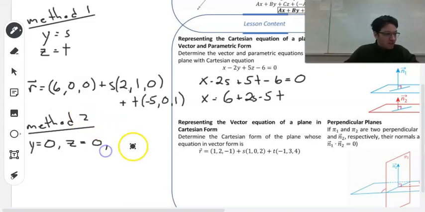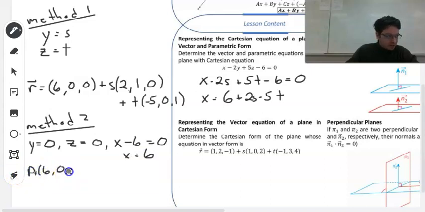So to do that, we substitute y is 0 and z is 0 back into this equation. So we get x minus 0 plus 0, then minus 6 equals 0. And therefore x equals 6. So there's our first point. Let's call that point A. And it is 6, 0, 0.